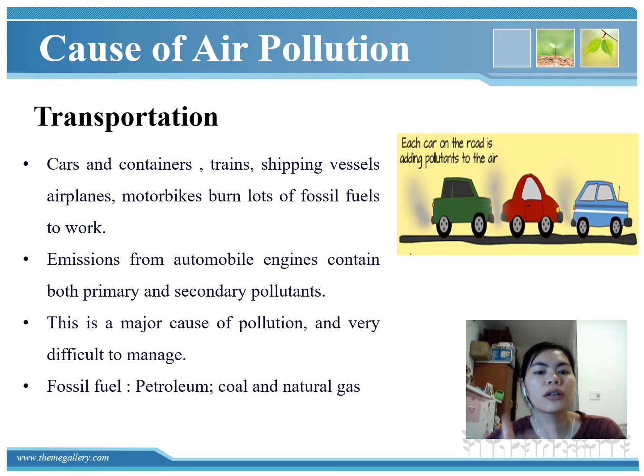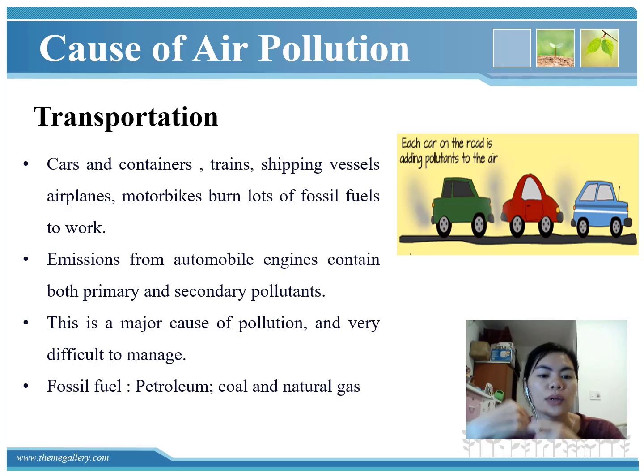Cars, containers, trains, shipping vessels, airplanes, motorbikes burn a lot of fossil fuel to work, and the emissions from automobile engines contain both primary and secondary pollutants. This is the major cause of pollution, and it's very difficult to manage.